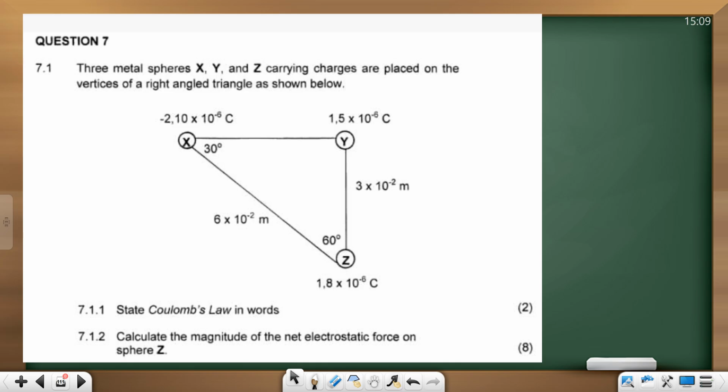Calculate the magnitude of the net electrostatic force on sphere Z. Once they say on Z, our focus is now on Z, nothing more.